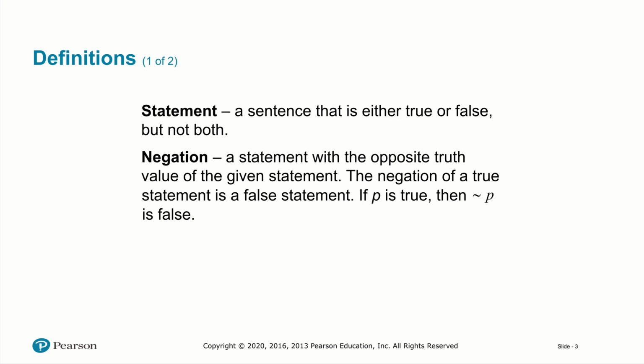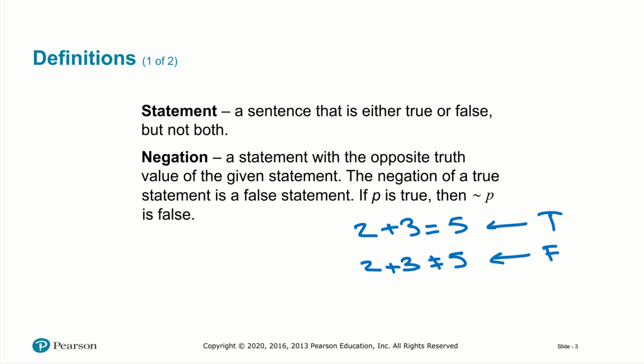As a really simple example, if we make the statement that 2 plus 3 equals 5, obviously that's a true statement. So if we negate it and say 2 plus 3 does not equal 5, that obviously would be false.